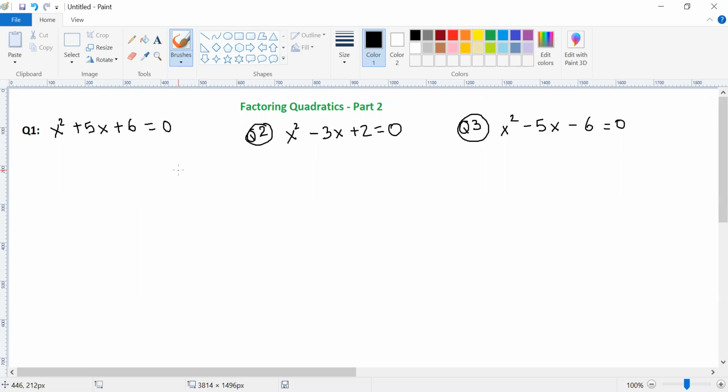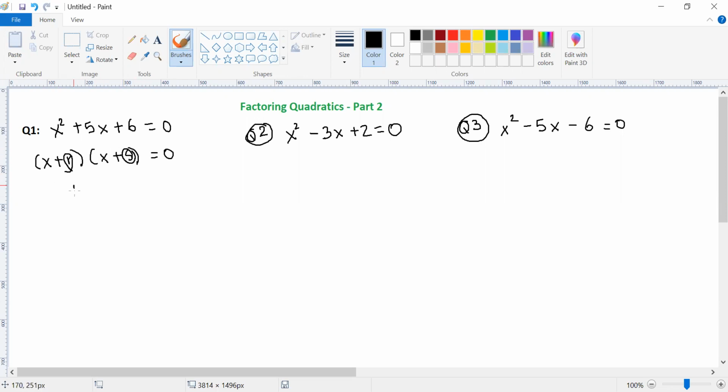Now, how I'm going to solve this is using the idea of roots. In a previous video, I went over the rule that in the factored form, x plus r times x plus s equal to 0, these are what you're going to use to find your roots.